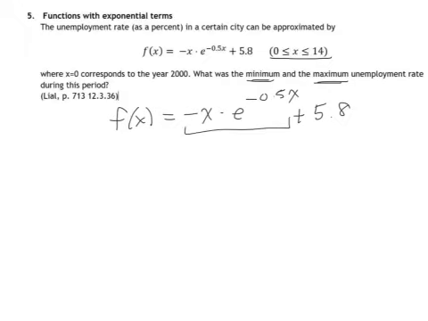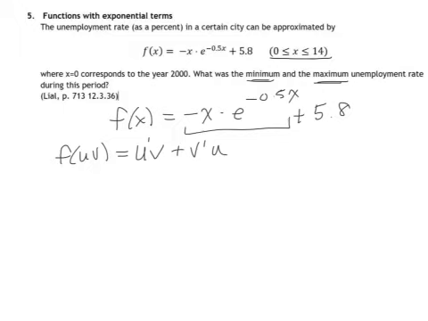So when we have this product, we're going to be using the product rule. So let's remember what that looks like: u prime v plus v prime u, v meaning the second part of the product and u being the first part.